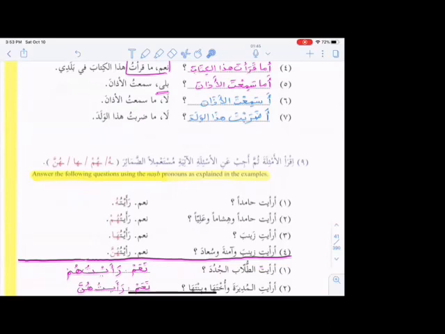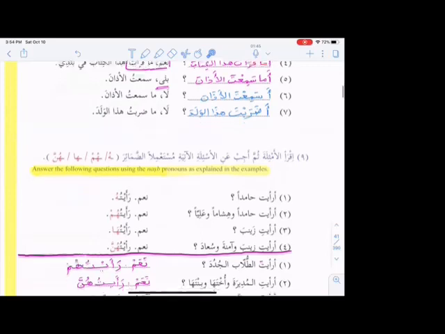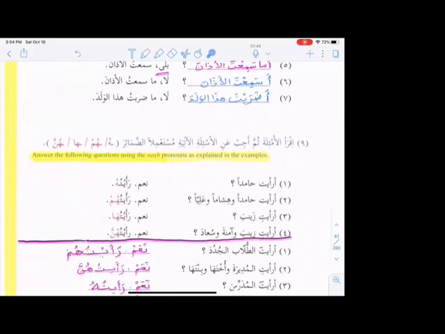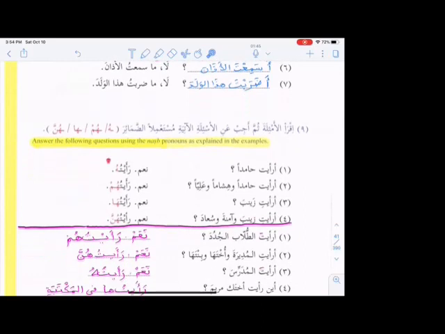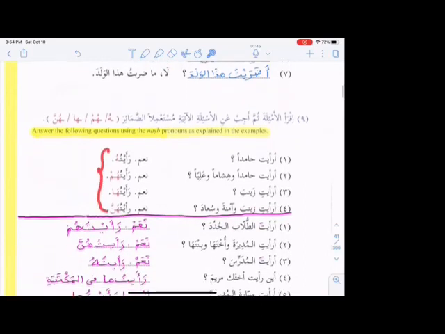Araita hamidan wa ishaman wa aliyan, naam, raituhum. Araiti zainaba, naam, raituha. Araiti zainaba wa aminata wa swada, naam, raituhunna. So just different pronouns coming as a mafulun bihi.